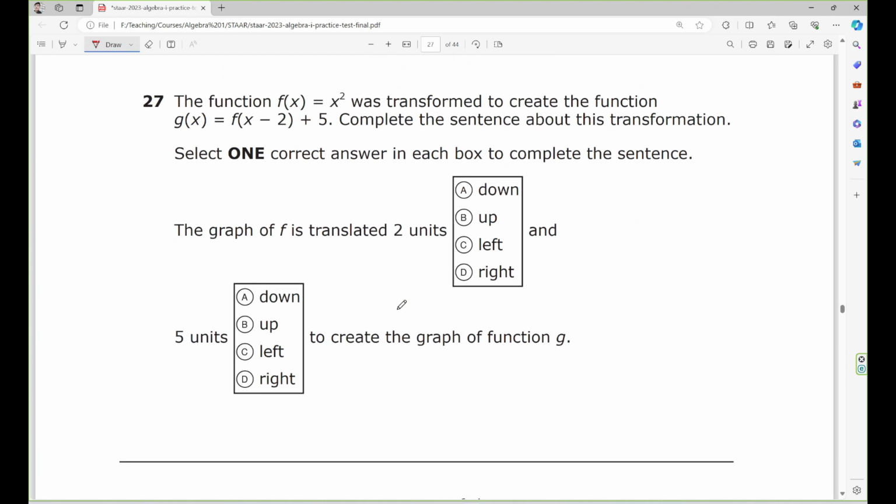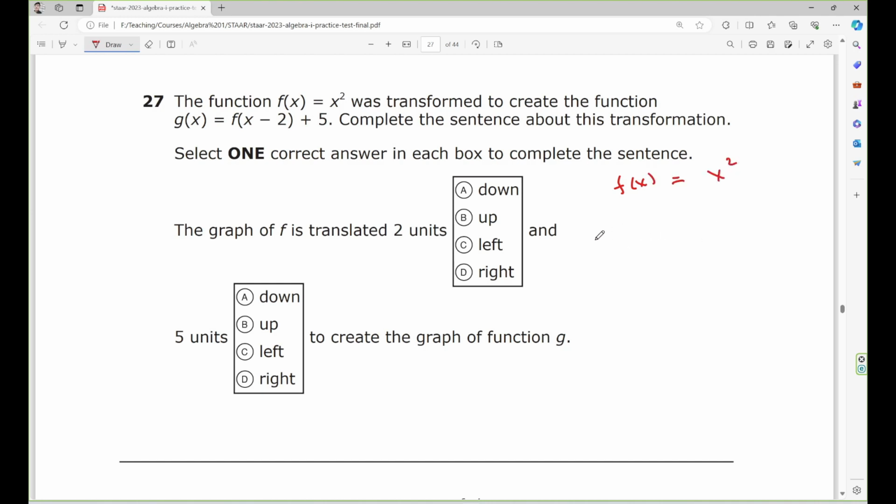Number 27. The function f of s equals s squared was transformed to create the function g of s equals f of s minus 2 plus 5. Complete the sentence about this transformation. Select one correct answer in each box to complete the sentence. Now, this is the vertex form. So you have the parent function, f of s equals s squared.